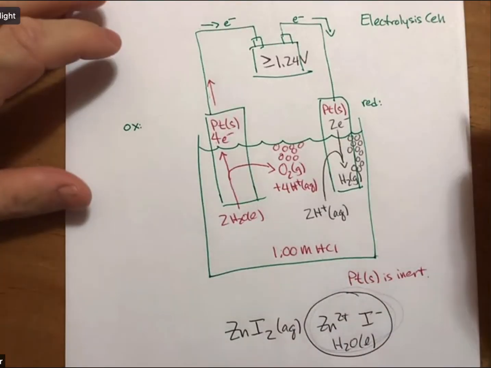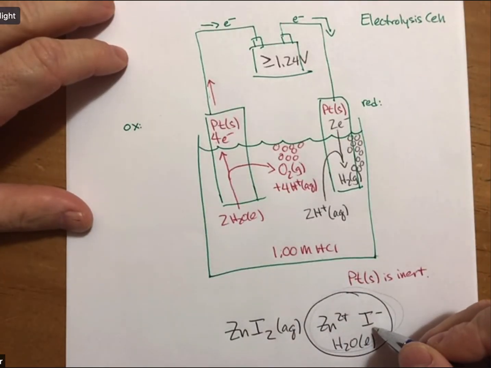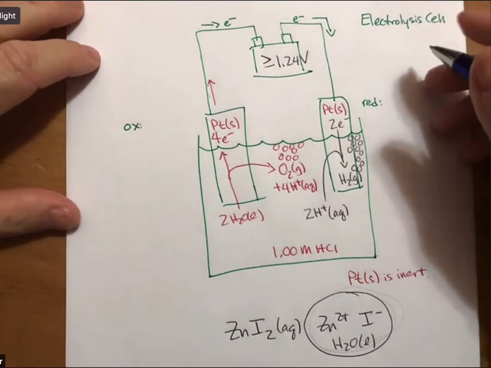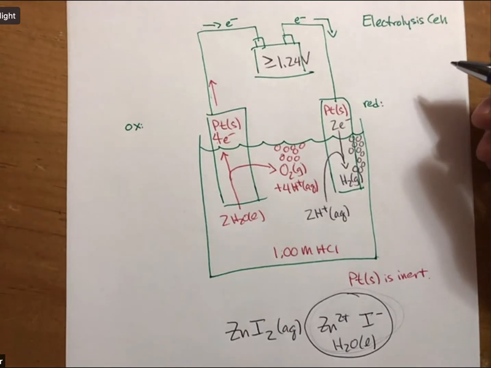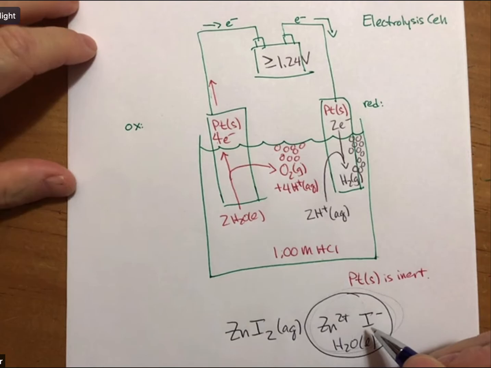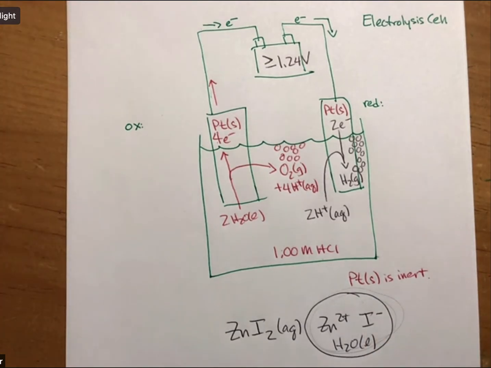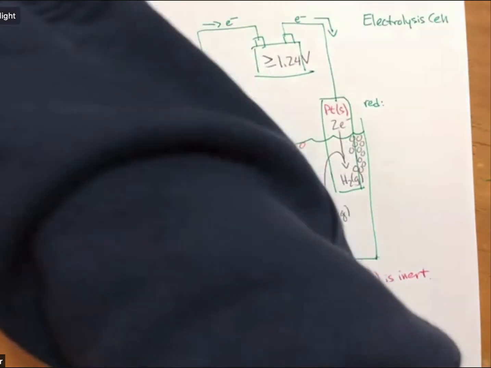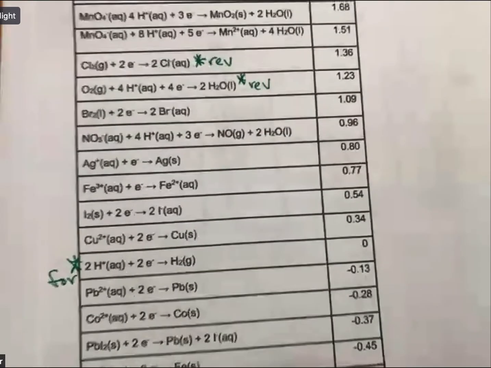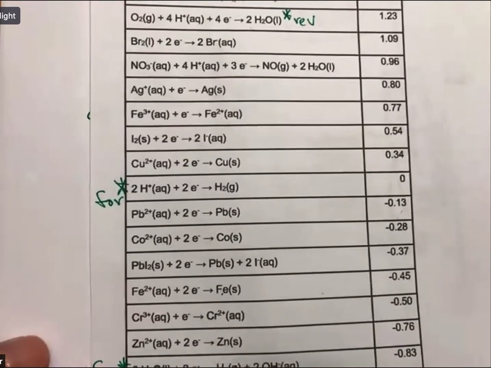Now we can only do zinc ions as a reactant and H2O. So I would guess you don't have any H plus in your problem, so you can't do the H plus reactions. No. So I just did the oxidation of the water to H2O plus the 2 electrons.